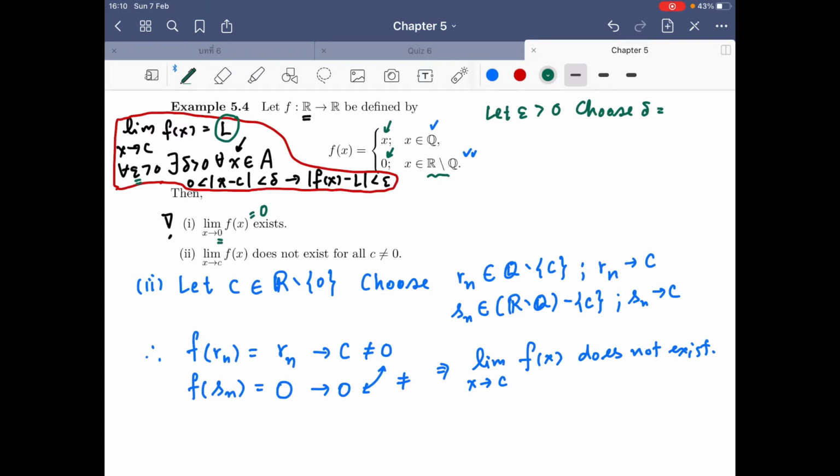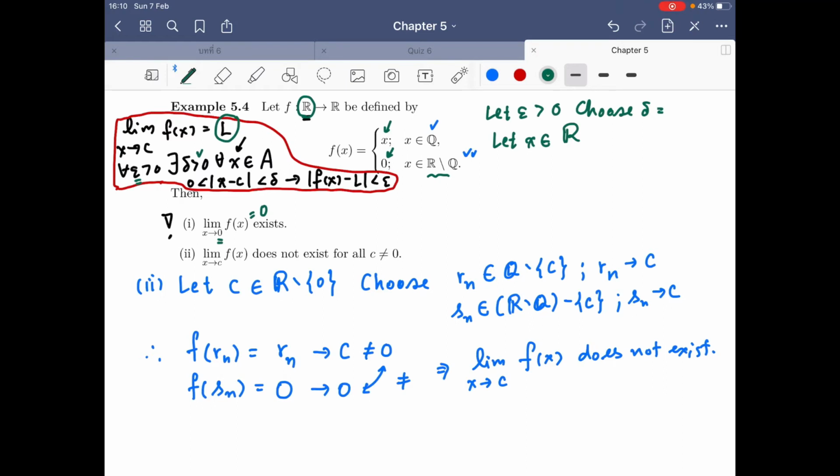After choosing the delta, let us take x as any real number, because right now the domain is the real numbers R. Because x is a real number, it can be one of two ways, whether it is rational or irrational.